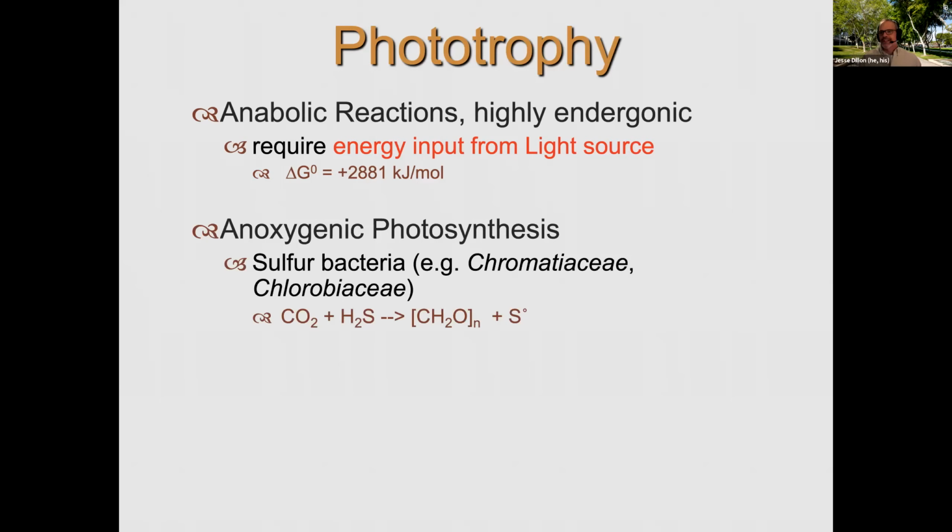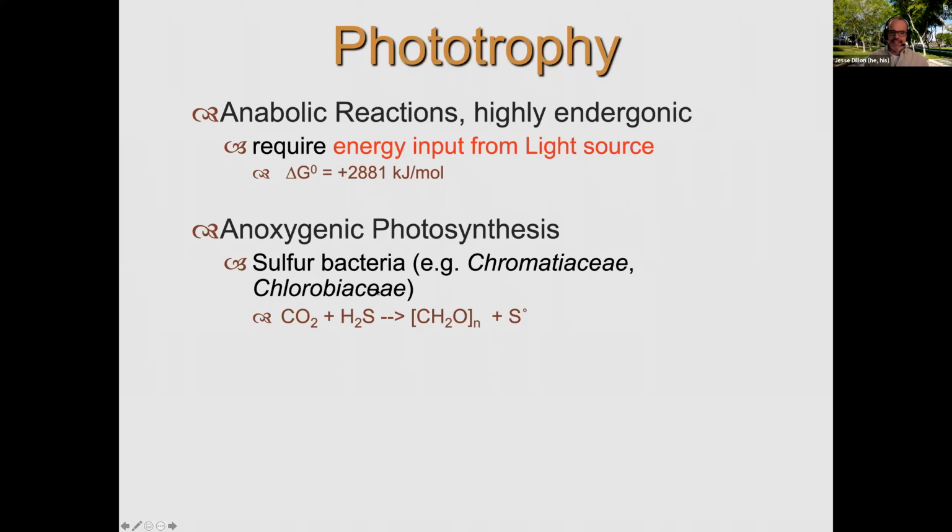So there are two ways of phototrophy, and we're going to talk about both of them. There's oxygen producing, and that's what you've learned about in other classes before, right? But as we've talked about earlier this semester, that likely was preceded by non-oxygen producing photosynthesis. So there are groups like the green and purple sulfur bacteria. The Chromatiaceae are the purple sulfurs.